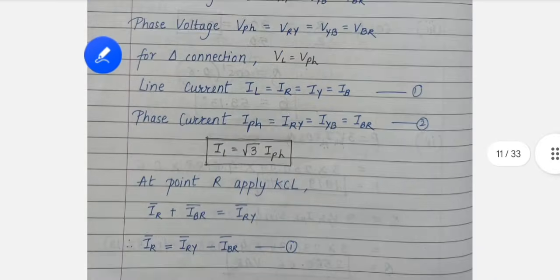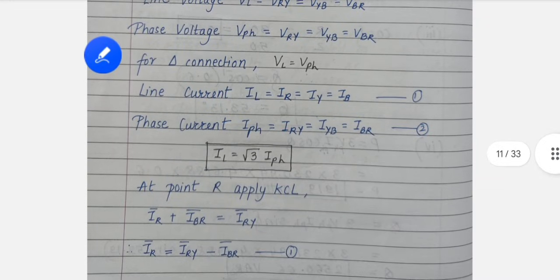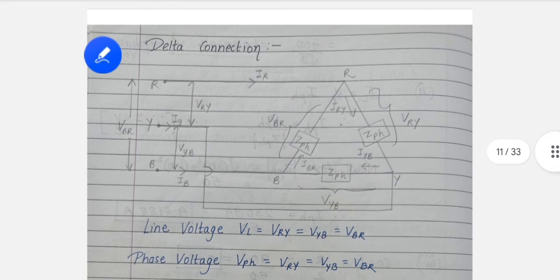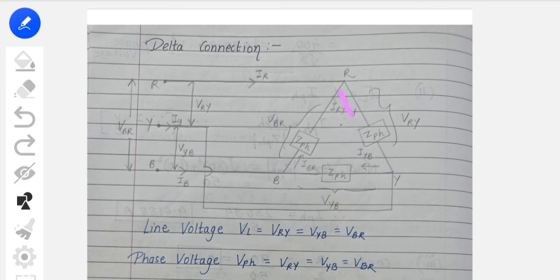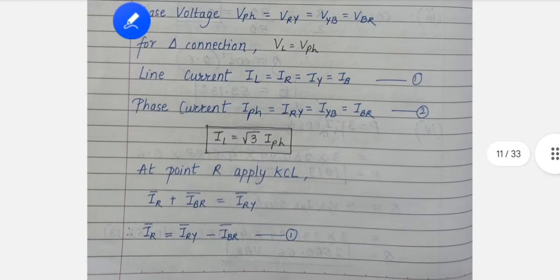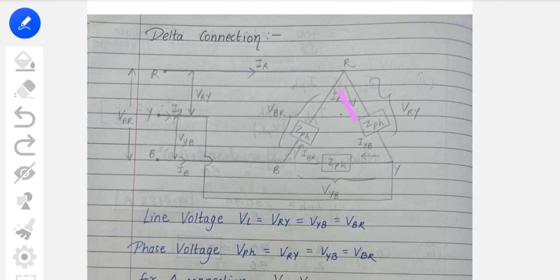If you focus on point R, we have to apply KCL. So what will be IRY? If you see here, this is IRY. So IR plus IBR, these are all equal to this IRY.